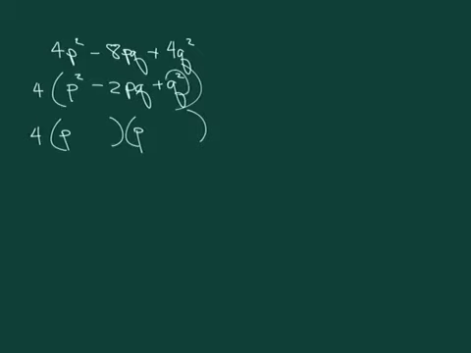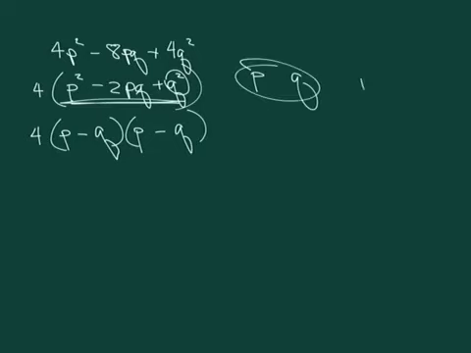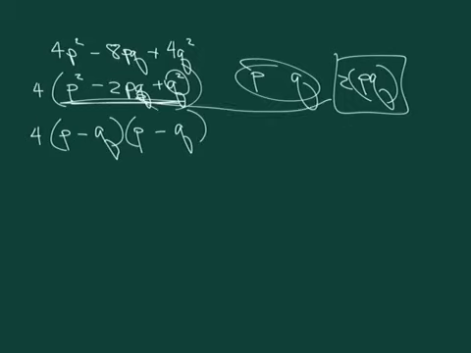So usually what I do is I take the square root of that and put 2 negatives there like that, because this is actually, remember what I said, if you can, you take the square root of the first term, the square root of the second term, if you multiply them together you get a pq. If you double them, do you get this middle term? Yes, you do. So therefore you get 4 times p minus q squared.